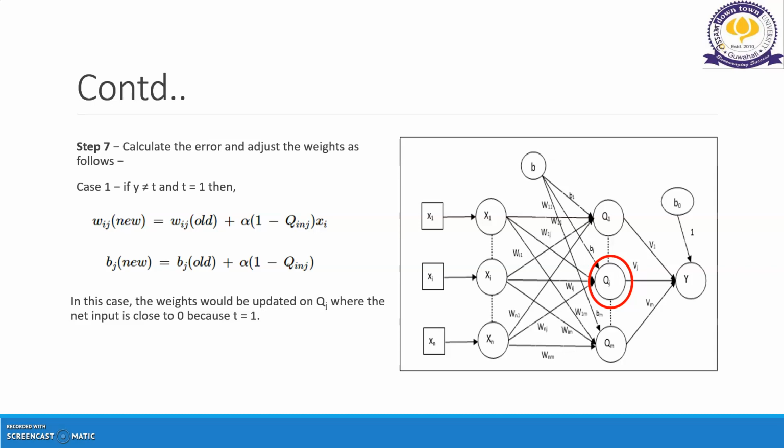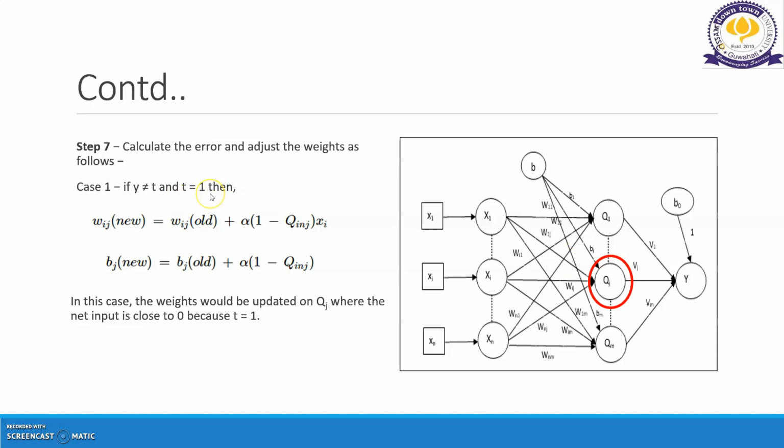So just assume that in these Adaline units, there is an Adaline unit Qz where the output is supposed to be close to 0 because your target is 1. So for this particular Adaline unit, the values are mismatching.